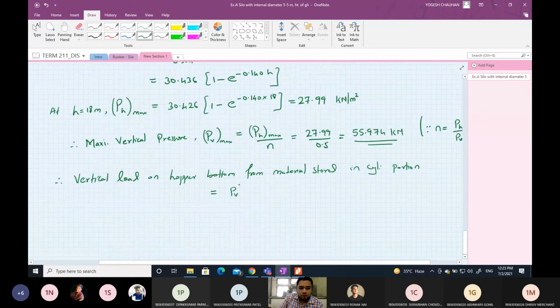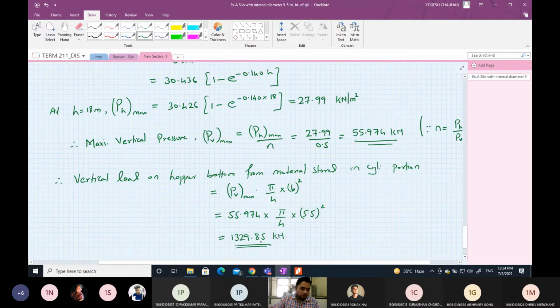So it will be PV max into pi by 4 into D square, so it will be 55.974 into pi by 4 into 5.5 square, that is 1329.85 kilonewton. Okay.